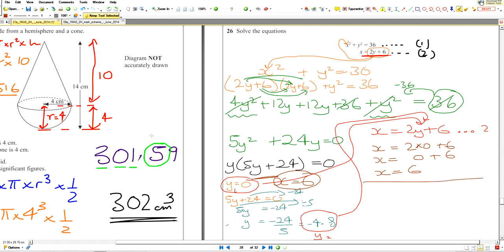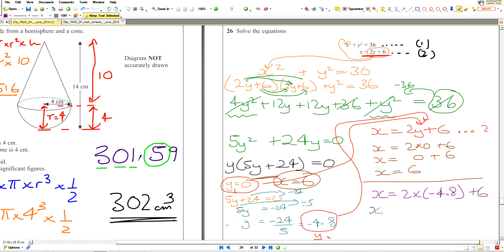And let's do the second one. So let's choose another color. Okay, right, let's go purple. Remember, we put y equals 0 in, done that just now. Now we're going to put y equals minus 4.8 in there. So x is equal to 2 times minus 4.8 plus 6. So what we're doing is putting the second y value into here to work out its corresponding x value.